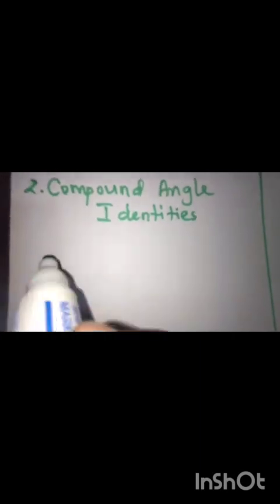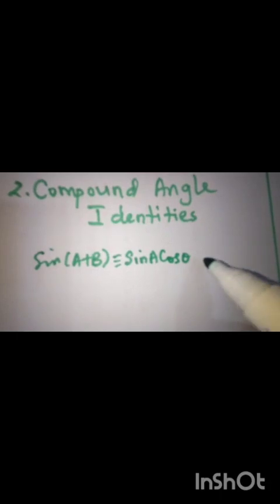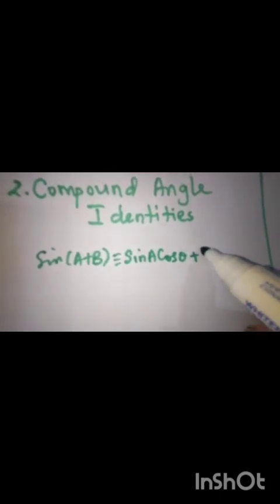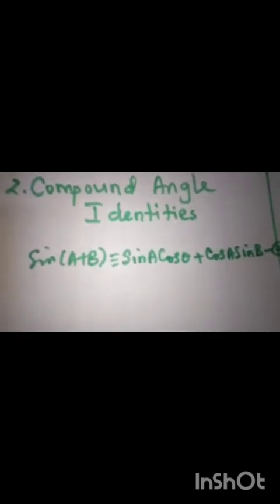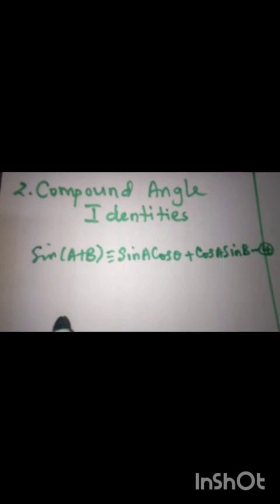Talking about compound angle identities, we have sine A plus B, whose identity is sine A cos B plus cos A sine B. It gives us the fourth identity, where A and B are angles.